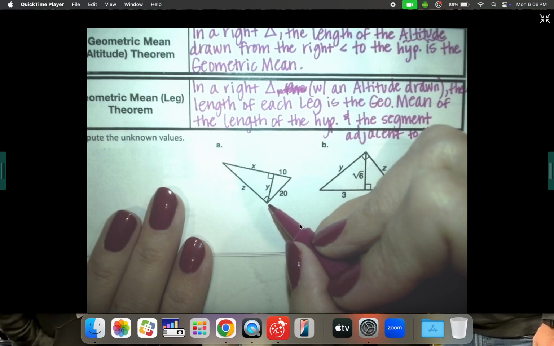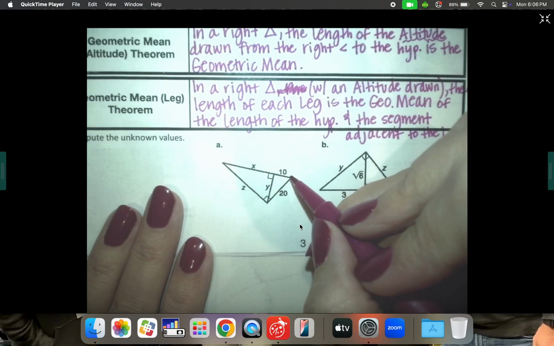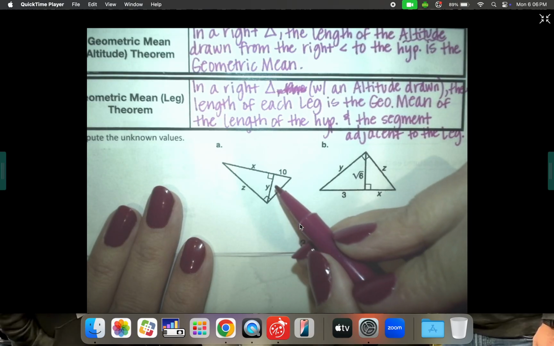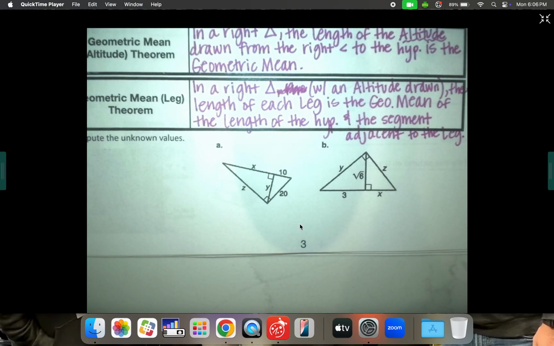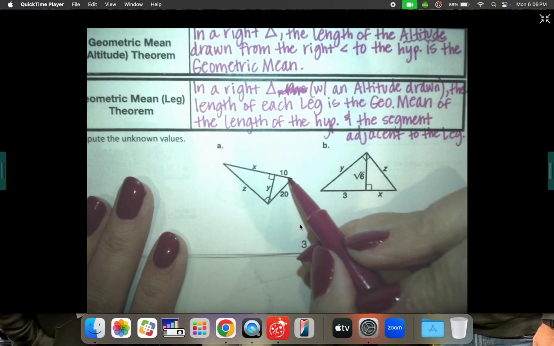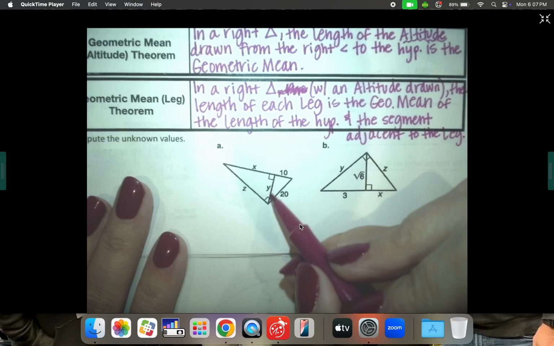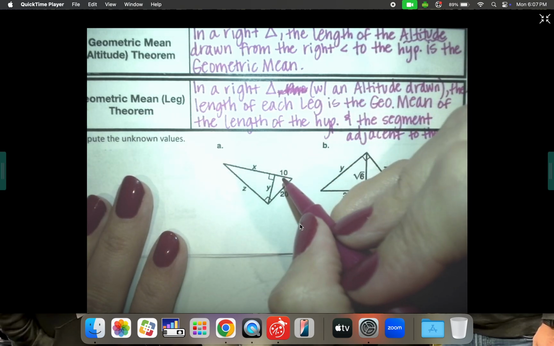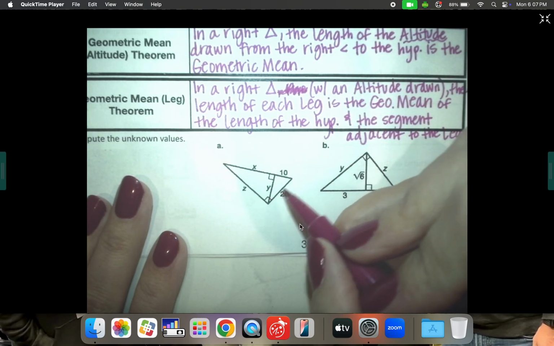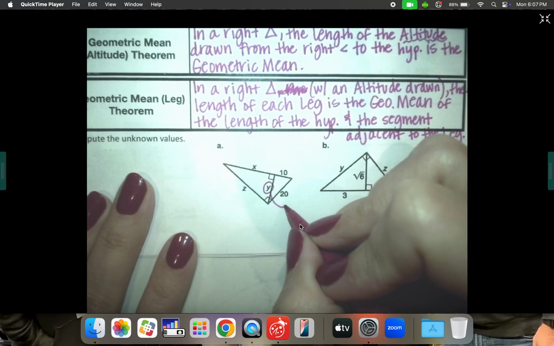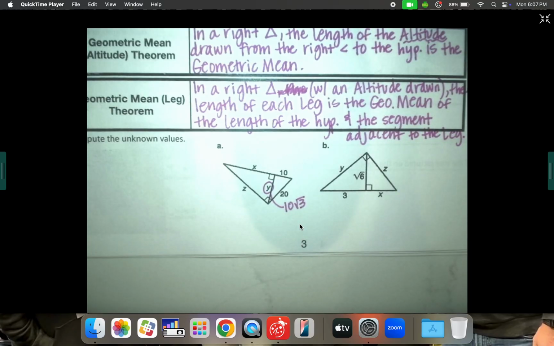Look back at yesterday's or 9.2 notes if you need to, but if it's a 30, 60, 90, then the long leg is going to be x root 3. So 10 is x, 20 is double 10, and the long leg would be 10 root 3. So without even doing any math, we already know what y is.